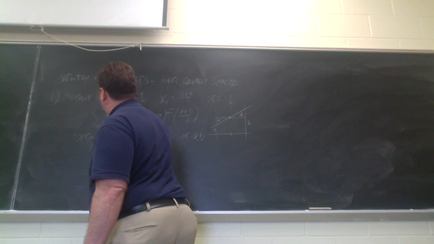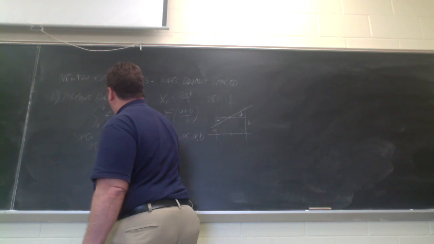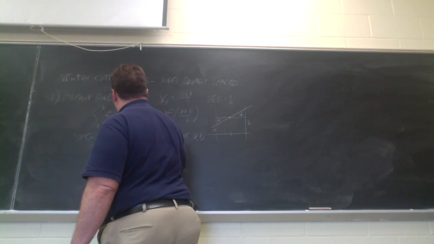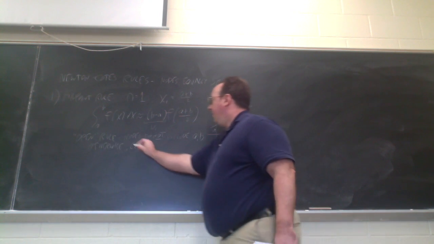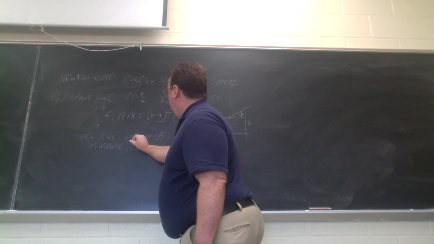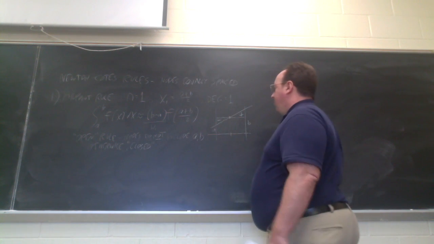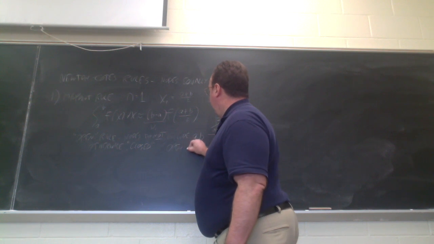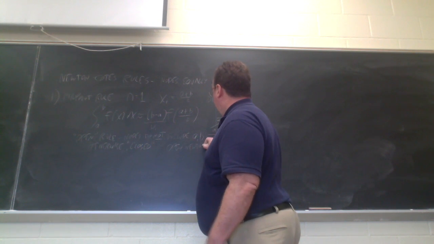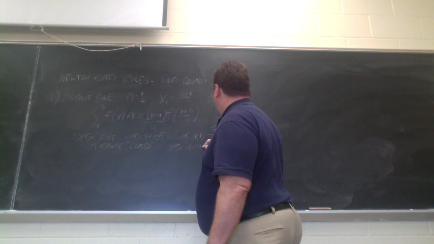Okay, if a rule does include A and B as nodes, then we say it's closed. So one thing we can say in general is an open Newton-Cotes rule.